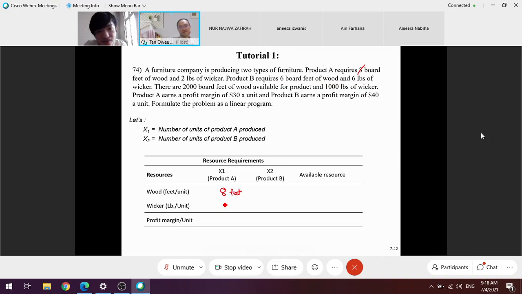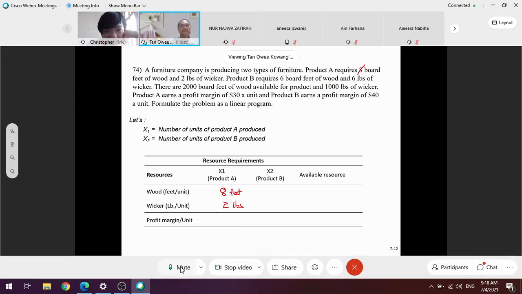Next, continue reading. This is how it's done: after you have the table, read and make sure all the numbers are transferred to the table. Product B requires 6. Cancel 6, in order, then 6 pounds. Then this question is easy. There are 2,000 board feet of wood. 2,000.